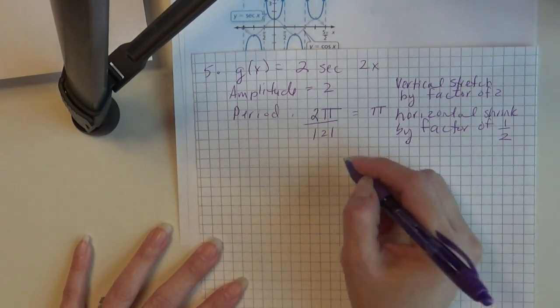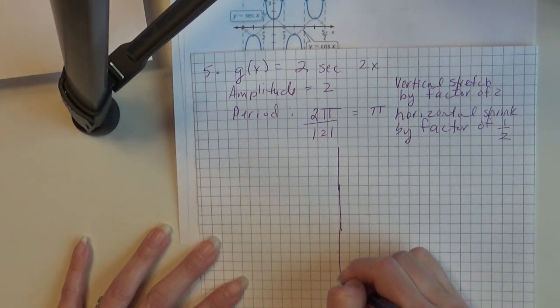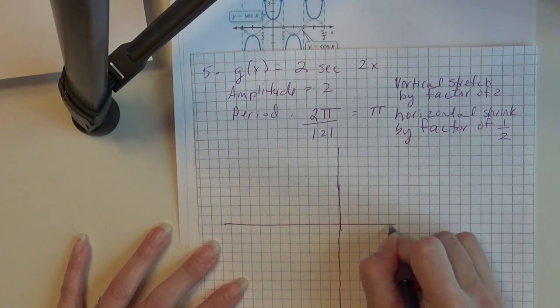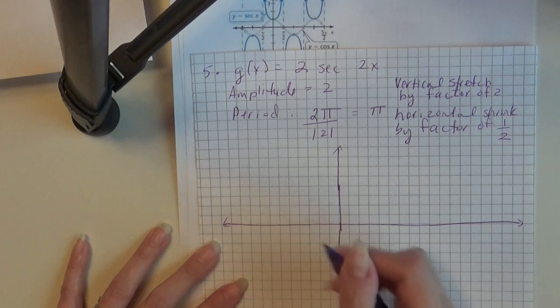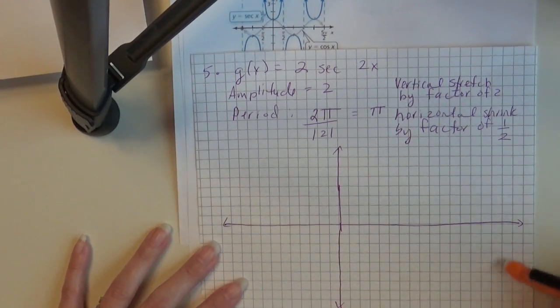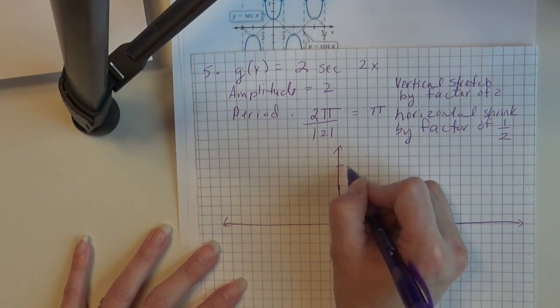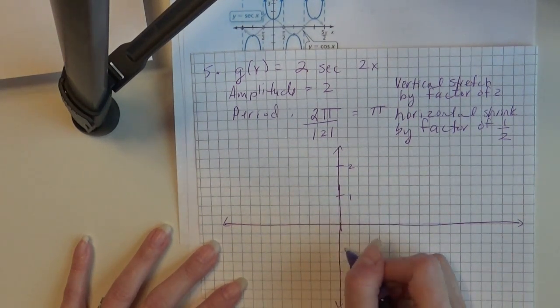So I'm going to start by lightly sketching the cosine graph first with the same, I can't think of the right word. I'm very tired right now. Alright, so cosine, I want an amplitude of 2. So there's 2 and 1, negative 1, negative 2.